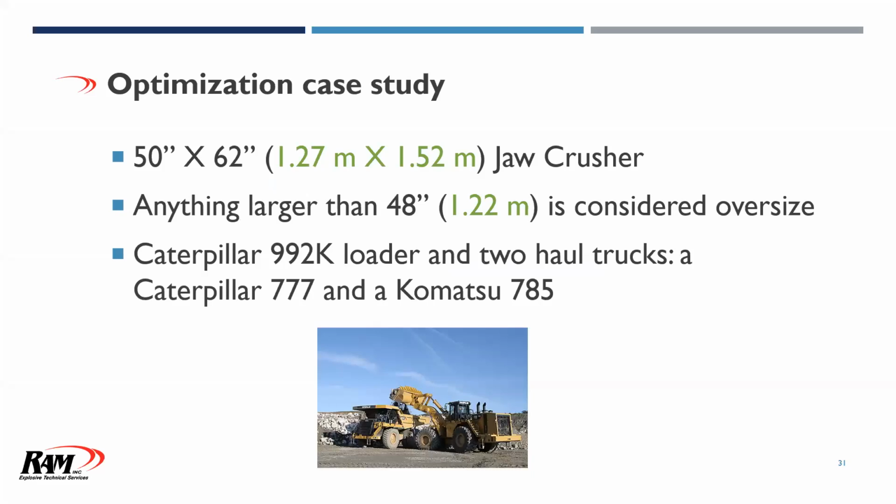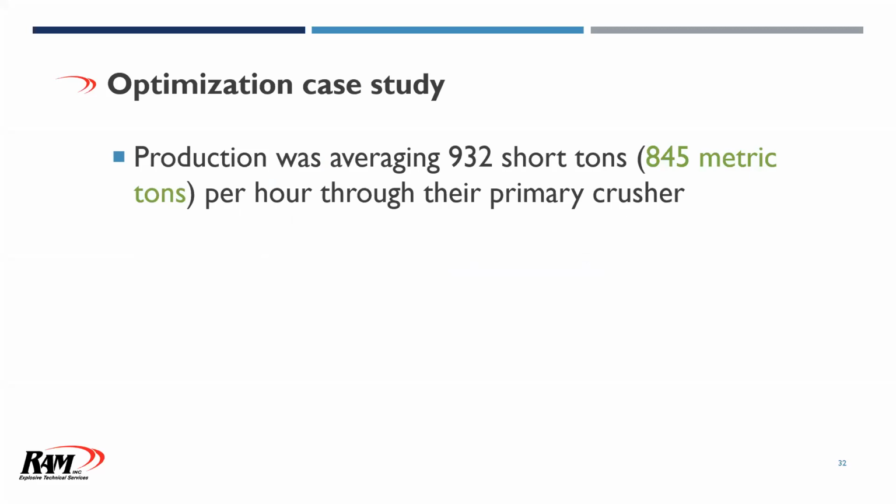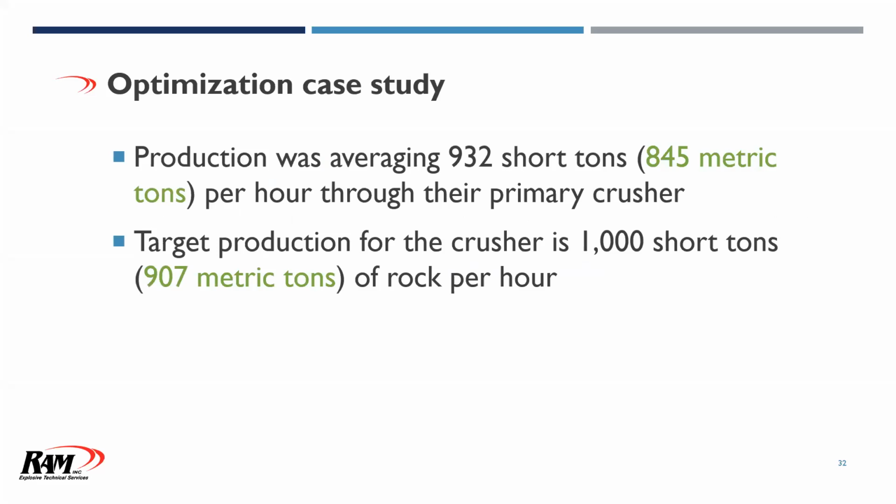As far as the equipment, they had a 992K loader and 2 haul trucks, a Cat 777 and a Komatsu 785. At the time, the production was averaging about 932 short tons, so about 845 metric tons per hour through the primary. The target was to try to get up to about 1,000 or 907 metric tons per hour.